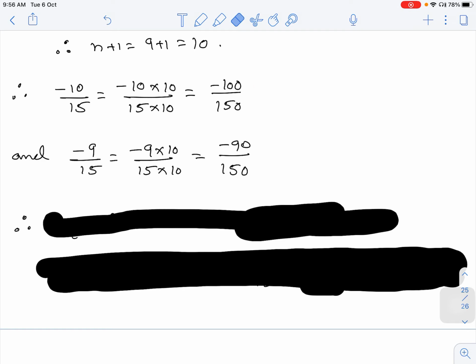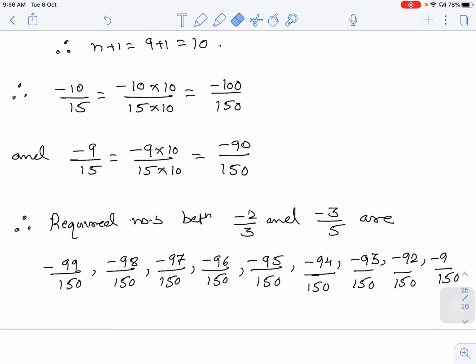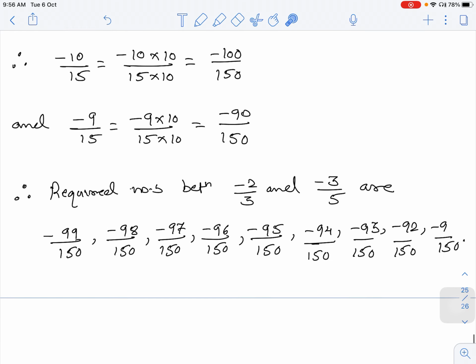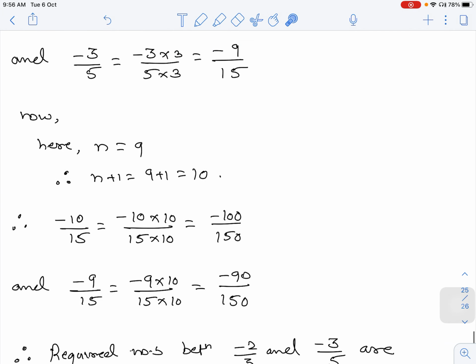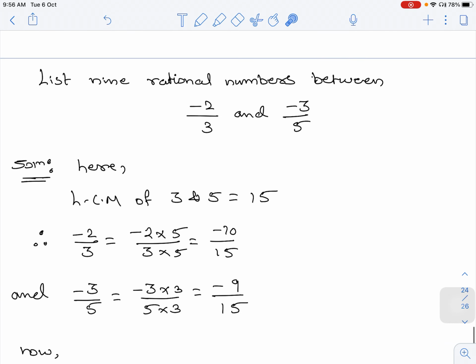Minus 99 upon 150, denominator also we write the same, then minus 98 upon 150, minus 97, up to minus 91 upon 150. These are all rational numbers between our original numbers, minus 2 upon 3 and minus 3 upon 5.